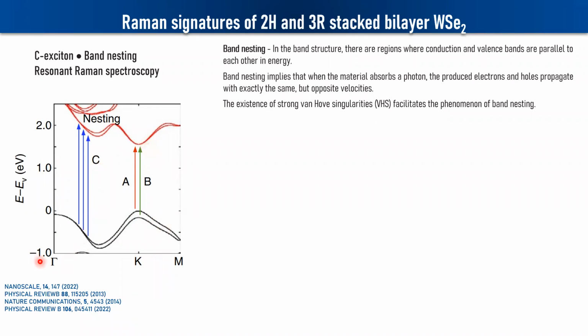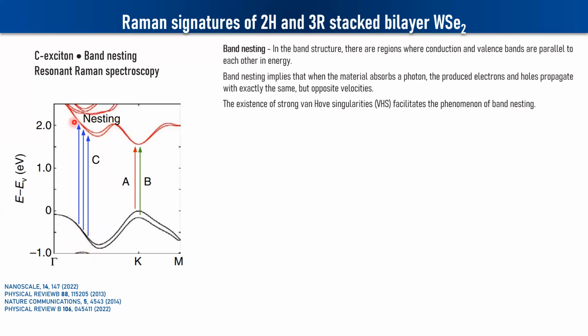Now, this is your band structure for the bilayer, and you can see the direct excitations from the spin-orbit split valence band edges that give rise to the A and B excitons. At the same time, there are features in the band structure which result in nesting.